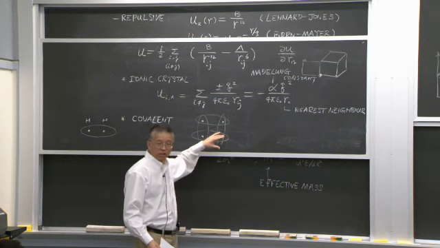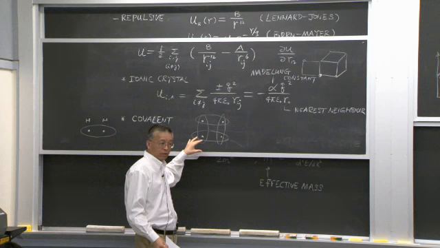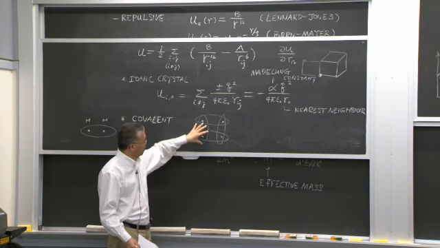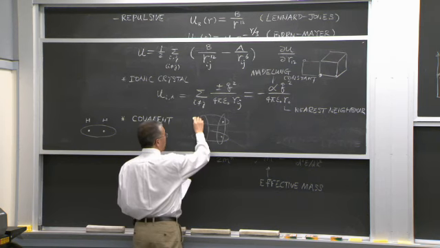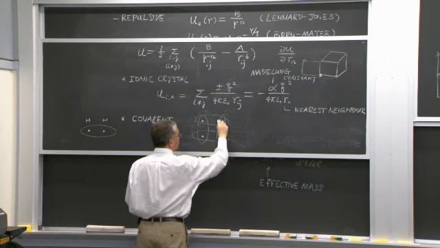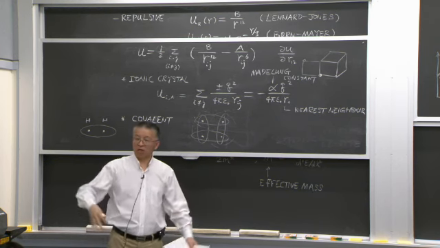So the bonds have directionality. Those are the covalent bonds. And now the next one is if these expand, start to overlap, and fill the whole space, the electron can go anywhere.